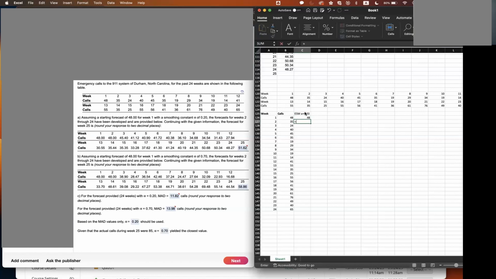And then I'm gonna just build it myself. Ft equals Ft minus 1 plus alpha 0.20 times At minus Ft minus 1. So that's 48. You copy that down.